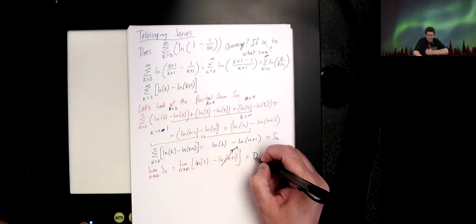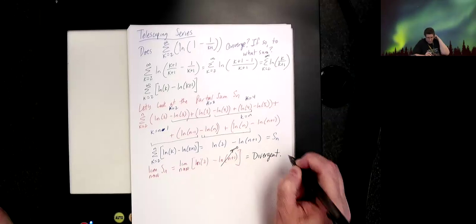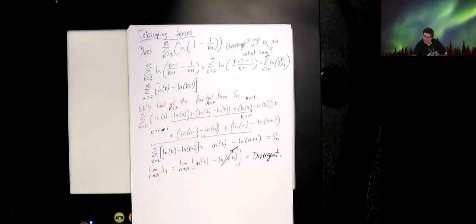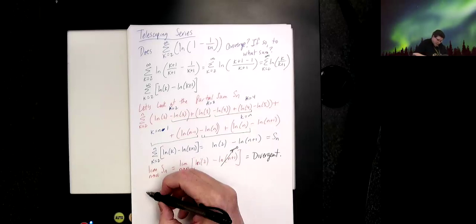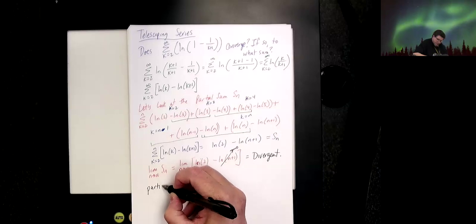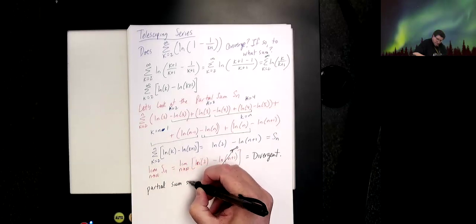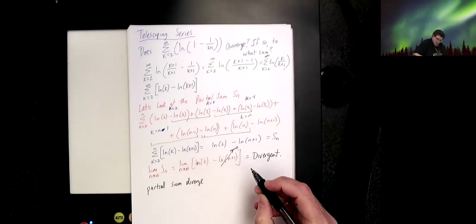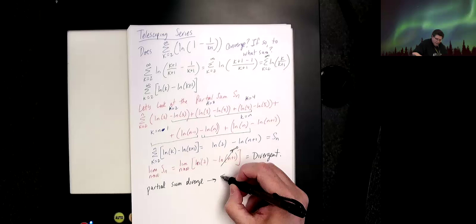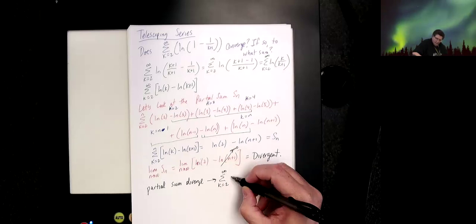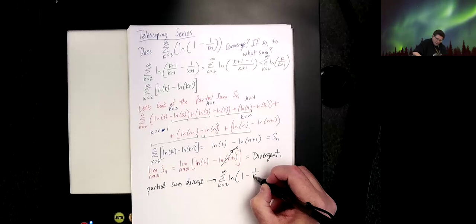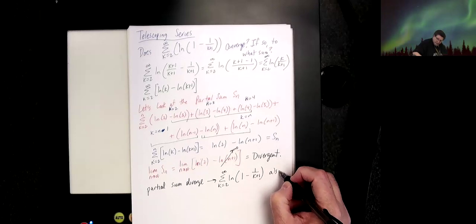So this is divergent. So since the partial sums diverge, that means the very thing we started with, k equals 2 to infinity, ln of 1 minus 1 over k plus 1, also diverges.